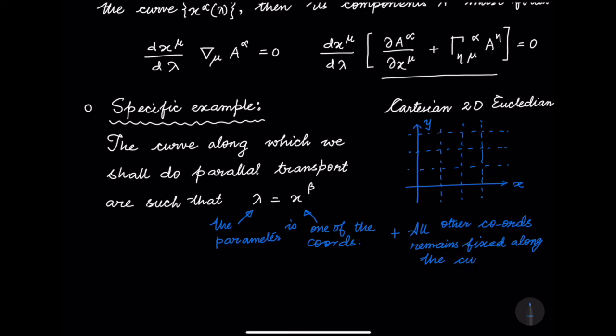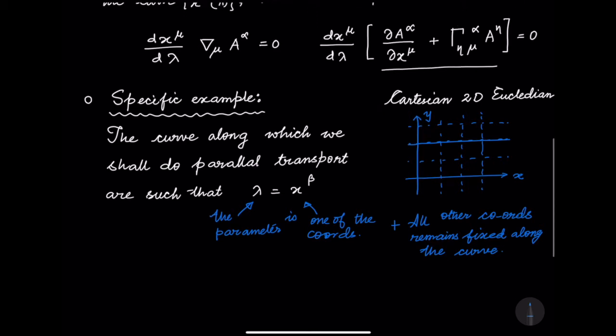Okay, so these are essentially the coordinate lines, if you wish. See, if I consider this particular line, along this, x changes, but the other coordinate, in this case only y, remains fixed. So that is essentially what we are talking about here.